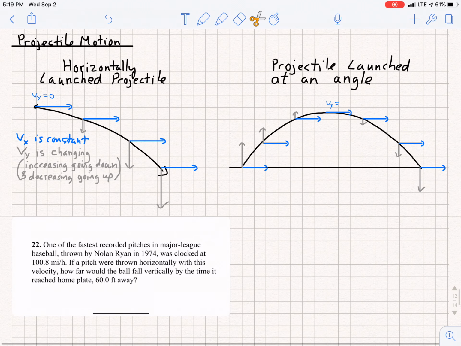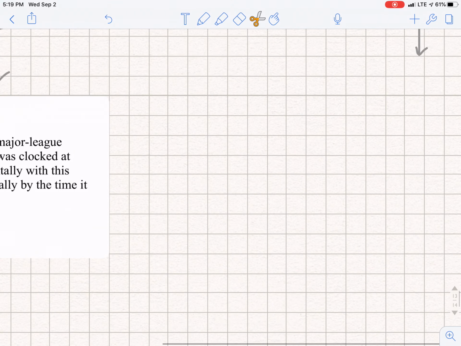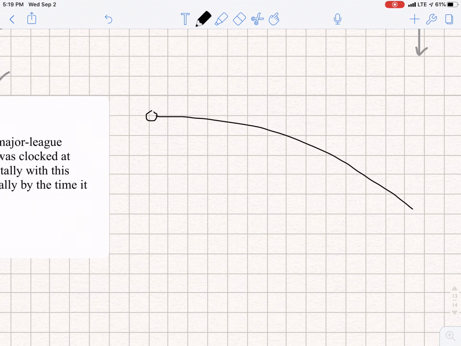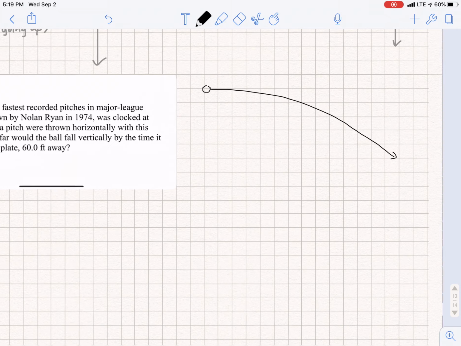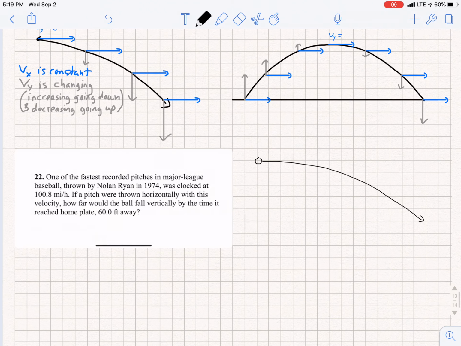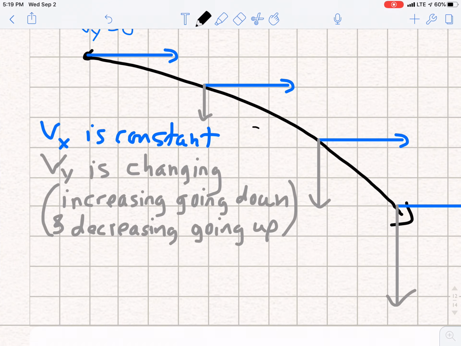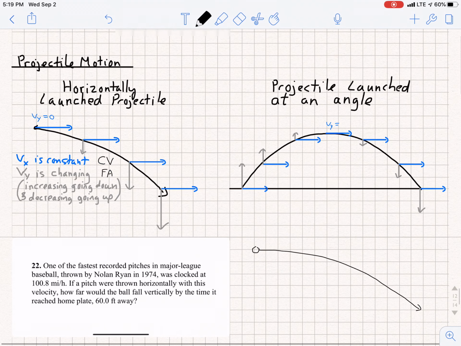So it's always helpful to draw a picture. So we shall do that. Here's the ball. And it's going to end up somewhere down here. Now, since you are dealing with two concepts here, constant velocity in the x direction and free fall acceleration due to gravity in the y direction, what we have here is two different concepts.